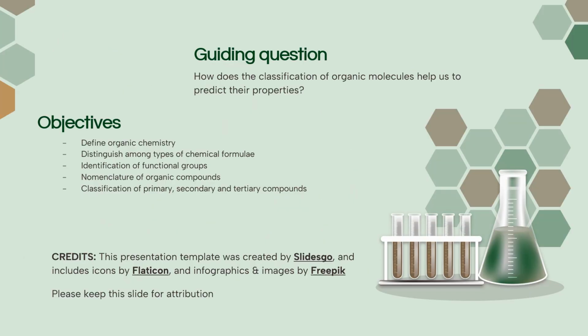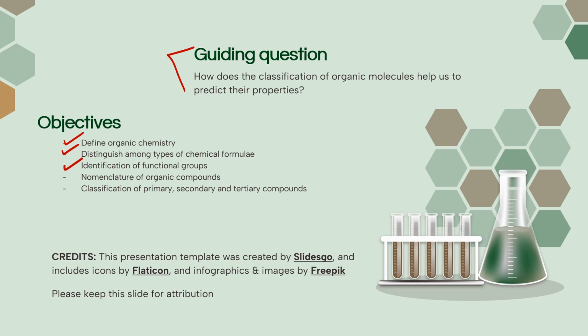And friends, we did a lot of work in these minutes. We accomplished talking about classification of organic molecules. We looked at all of these objectives. We defined organic chemistry. We distinguished amongst the different types of chemical formulae. We had our full structural, we have our skeletal, we have our condensed structural.